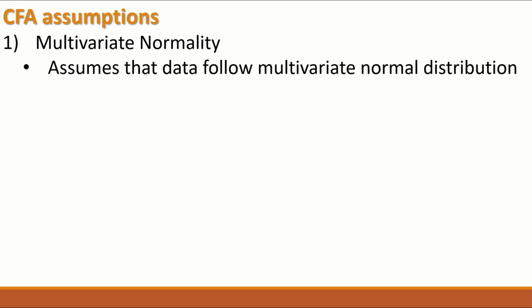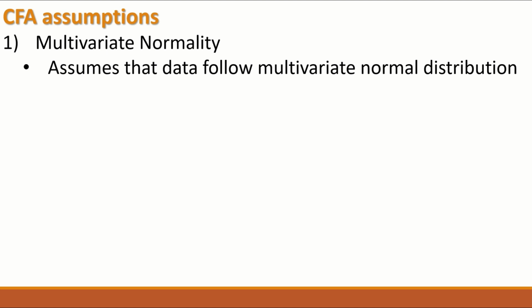So what are the assumptions that have to be fulfilled or satisfied before performing the CFA? The first assumption is multivariate normality. Since the CFA looks at several variables or several items, it is a multivariate analysis, so there has to be multivariate normality.